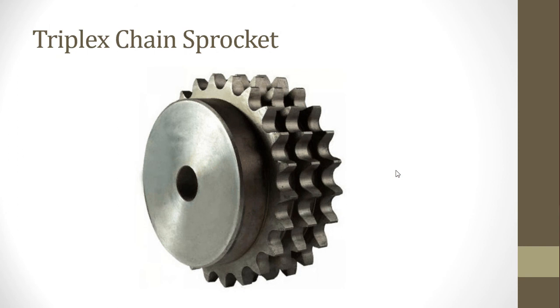From this type of system, you can take 3 independent outputs. In this case the diameter is the same, so the three sprockets give the same output. But if you change the diameter and the configuration of the sprockets, you can get multiple outputs.